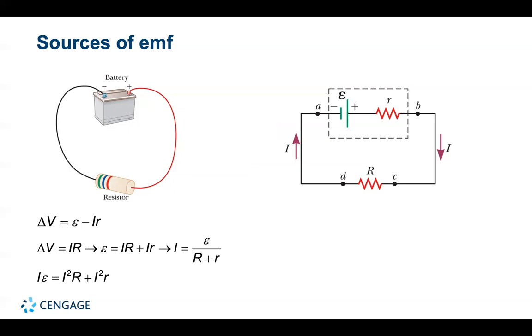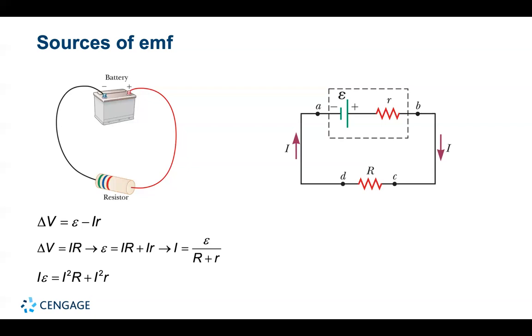So if we take a look at the figure on the left, the battery is a source of EMF and it maintains the current in the circuit. An EMF source is any device such as a battery or generator that increases the potential energy of the circulating charge. We can think of an EMF source as a charge pump that forces electrons to move in a direction opposite the electrostatic field inside the source.